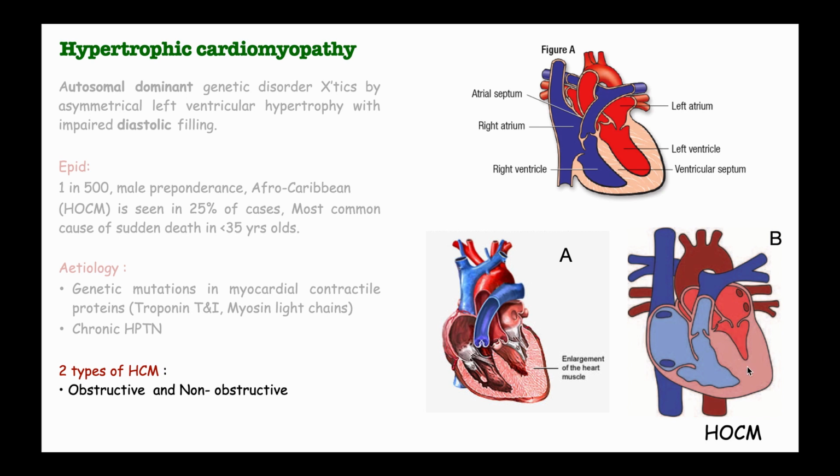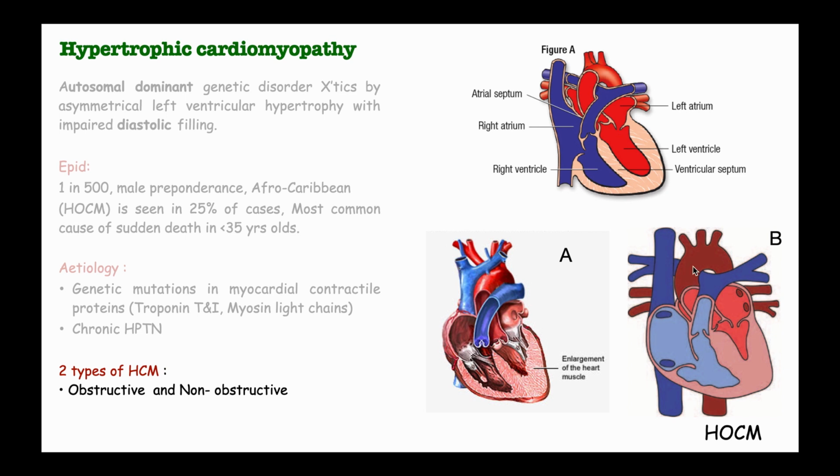So right now you can see that it's not flattened so much, but during contraction the whole of this side of the intraventricular septum moves up, and so it obstructs the outflow of the left ventricle, thereby impeding blood from entering the aorta and the rest of the systemic circulation.